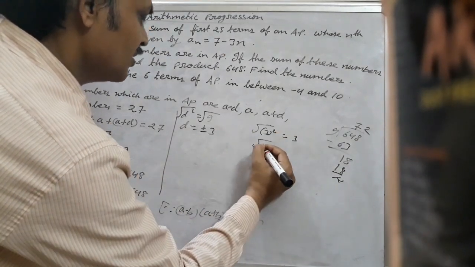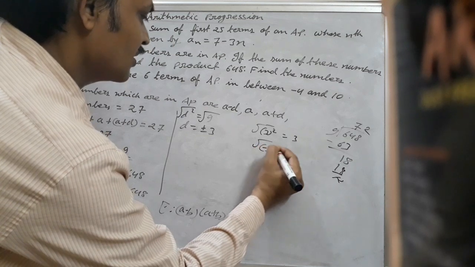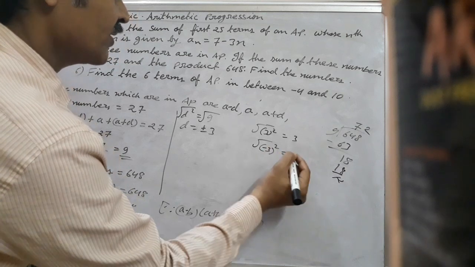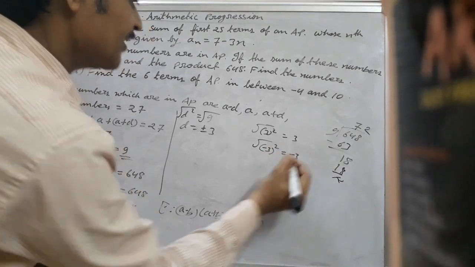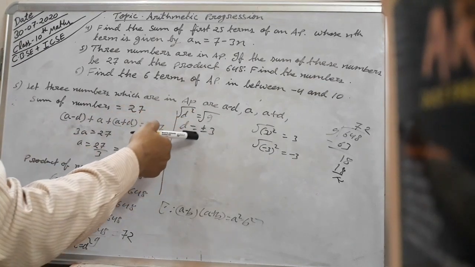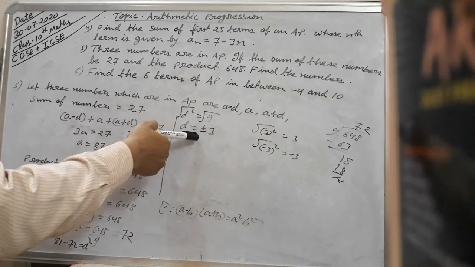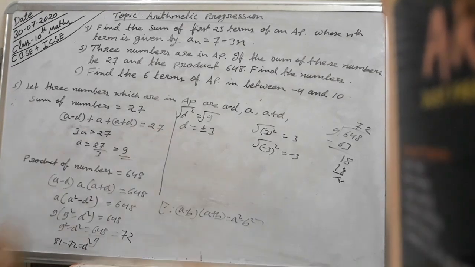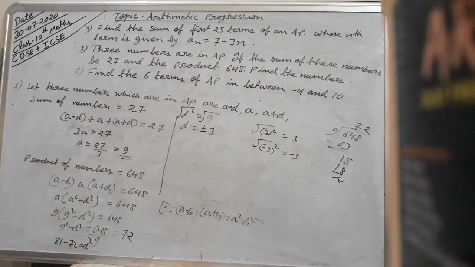If you take minus 3 square, then also the square root cancels and you will get minus 3. That's why after taking the square root of any number, in the answer you have to take both signs, plus and minus. The value of D is equal to plus or minus 3. Now you got the value of A and the value of D. Now we have to find all these three numbers.